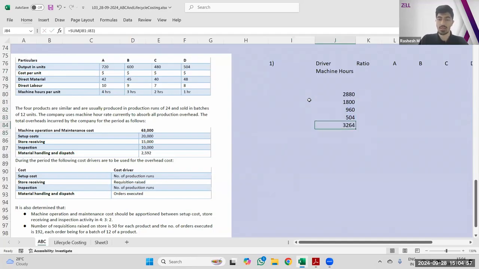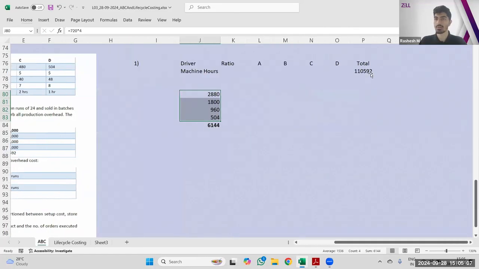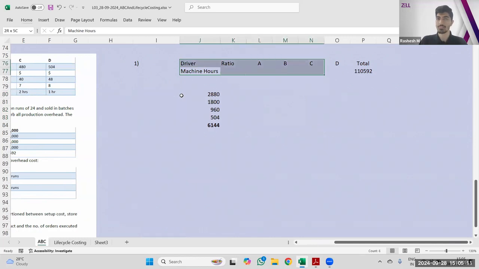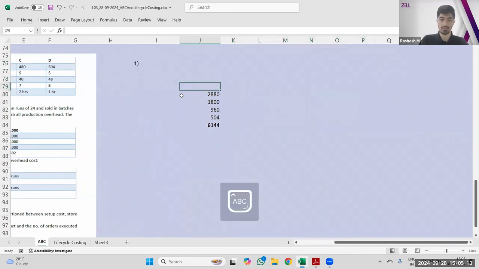So total machine hours are coming to 614. So this becomes my ratio. I need to allocate my total cost of 110,592 across my 4 products. So actually, let me just write it like this. Ratio, products A, B, C, D, and my cost. So my total cost was 110,592.